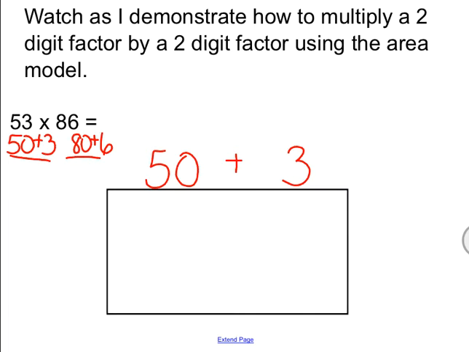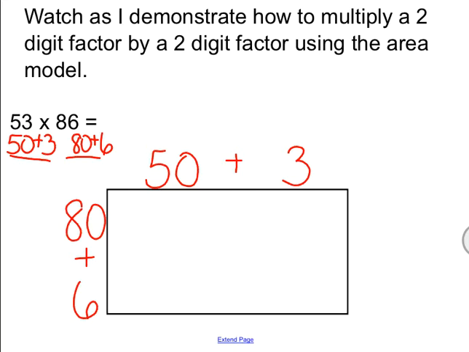So I have to put that along the side of my rectangle, but I have to be sure, pay attention on how I'm writing this. Because it's 80 plus 6. And if you notice, the addition symbol is in the middle, right, between the 80 and the 6.